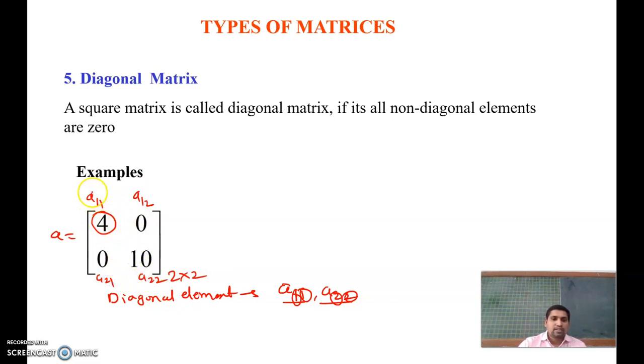You can see that in these two elements, A11 and A22, the row and column positions are the same. So these are the diagonal elements and the other elements are non-diagonal elements. So again, to repeat, what is a diagonal element? The element having the same column and row position.